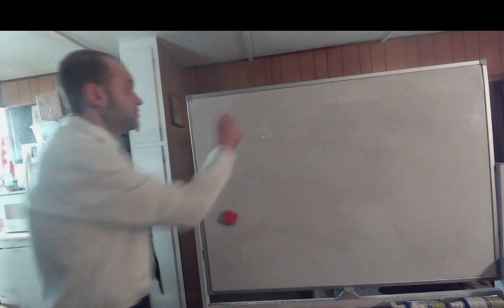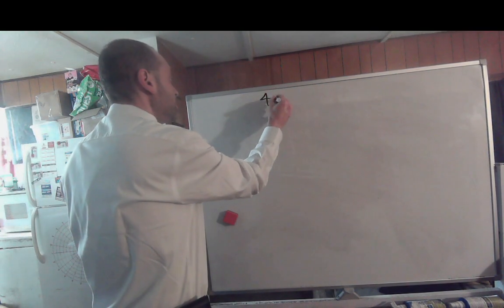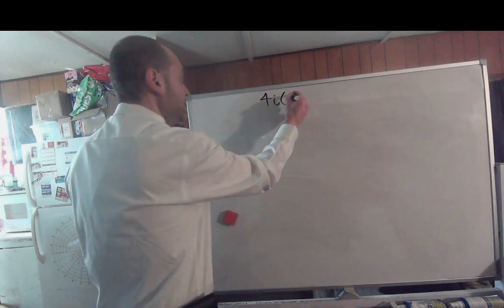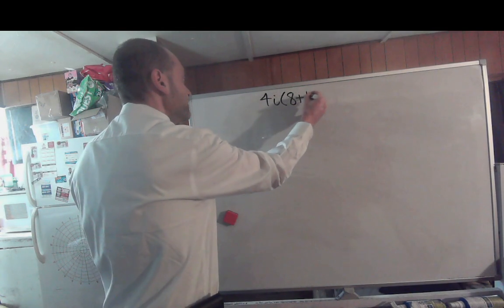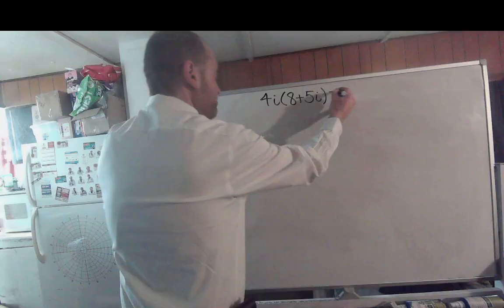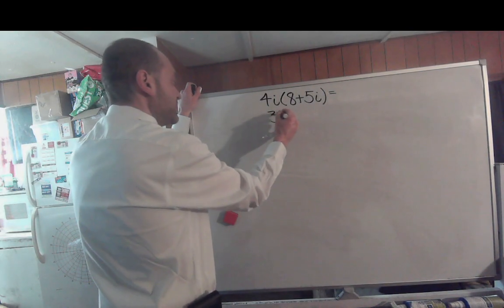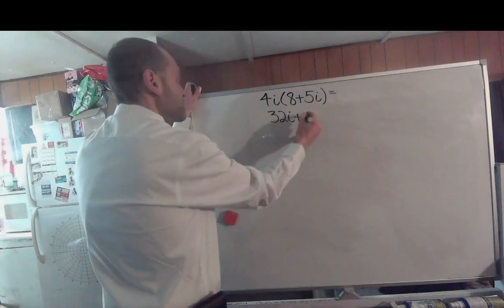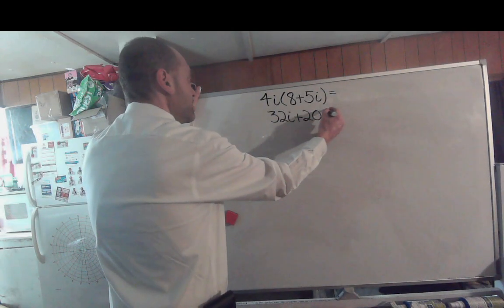And of course we can use the distributive property with these too. Let's say we have 4i times the quantity of 8 plus 5i. Well, you can use the distributive property, which would end up giving you 32i plus 20i squared.